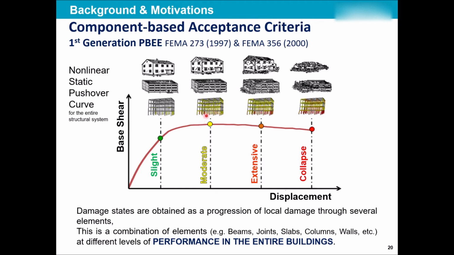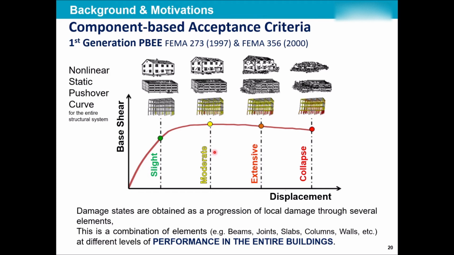But for example, at this point some of my columns are having a little bit extensive damage, but because not the entire building is having that extensive damage, my building is still at the moderate stage. It does not mean that whenever the first column reaches, let's say, extensive damage, my whole building has failed.